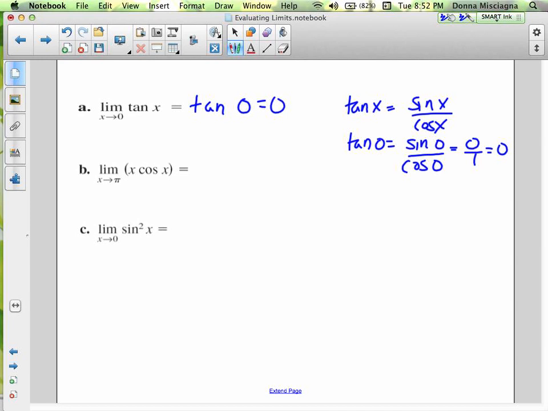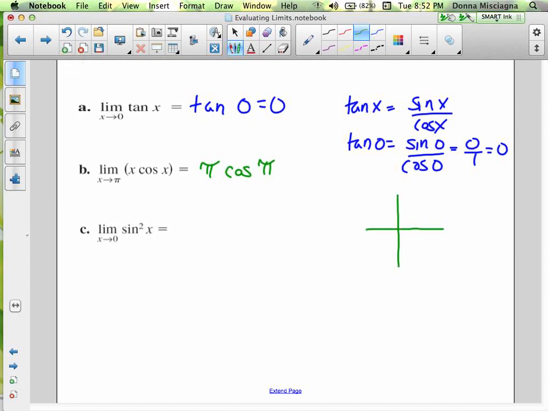Now we're finding the limit of x times cosine x as x approaches pi. No reason we can't substitute in. We've got two continuous functions there. So that's going to be pi times cosine pi. If you have any trouble remembering that, pi is right here. What's that point equal to? That would be negative 1, 0.